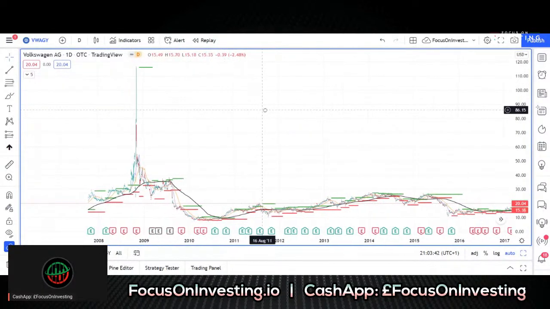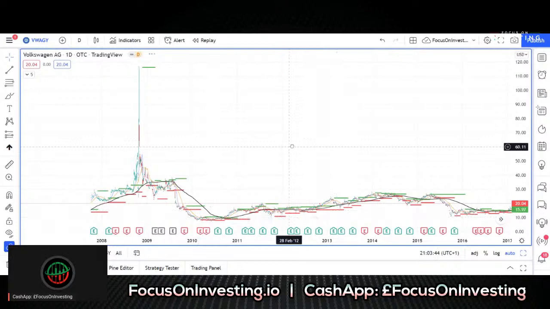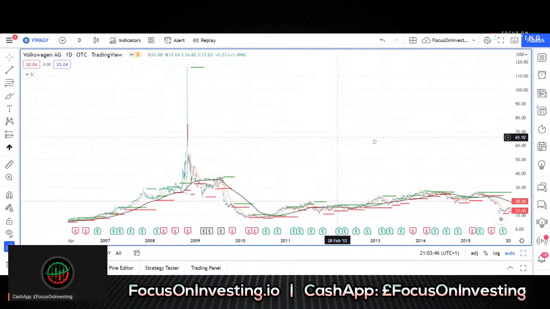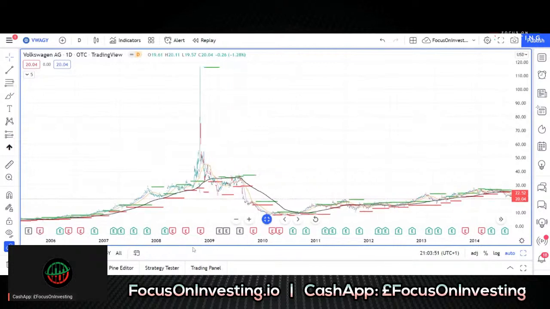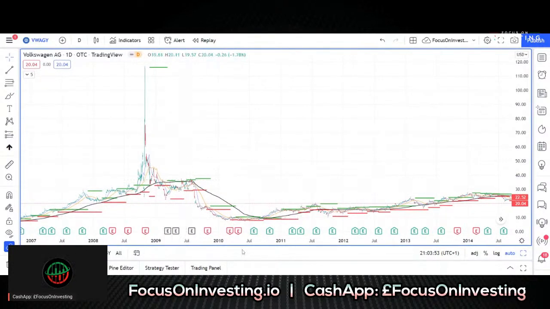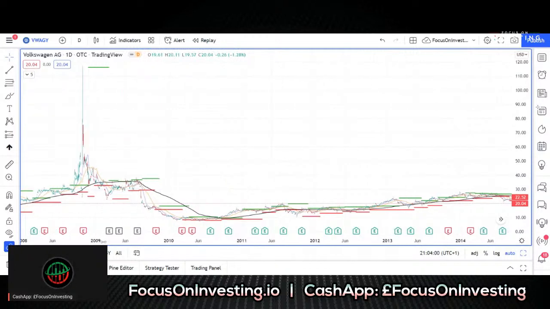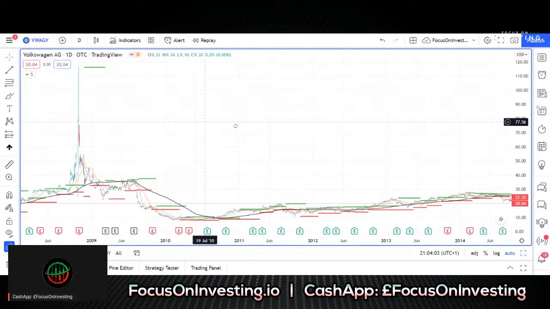Sorry, here's the spike. That was a different spike. This spike is even worse. This is the 1,000% spike. This is the spike that we're talking about. So this is in 2008, the 29th of October 2008. Look at the spike in that chart.